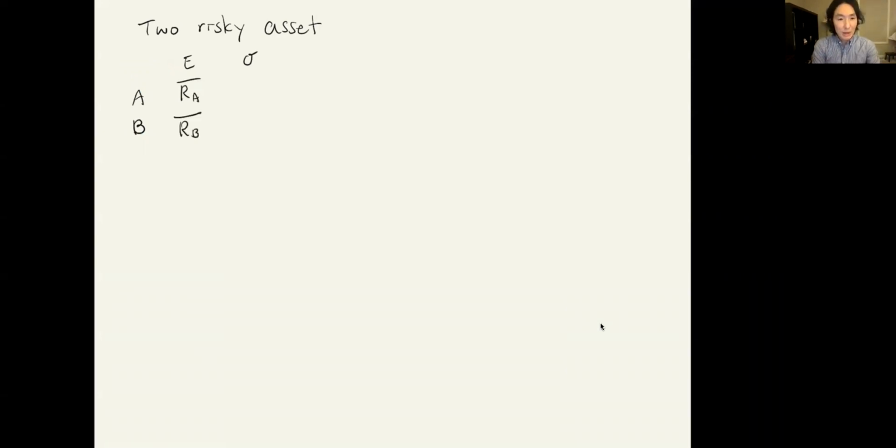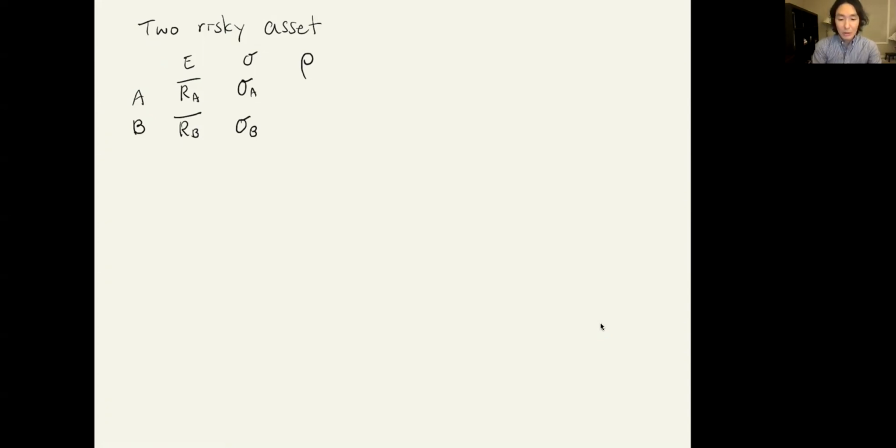Overbar represents expectation. And for standard deviations, we will use sigma A and sigma B. And another key parameter here is the correlation between the two. And we will see that correlation is a very important parameter that determines the shape of the investment opportunity curve.